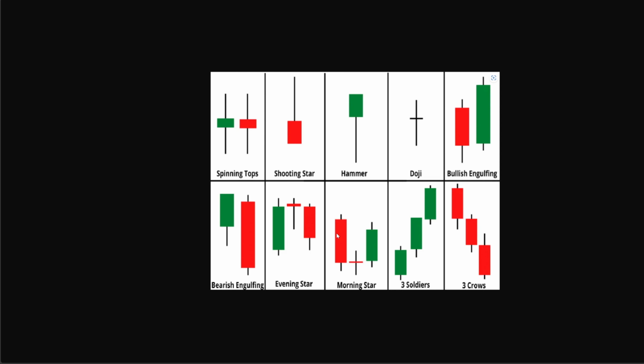Same with the morning star, but in a bullish style: you have a very big red candle, which indicates a lot of sellers coming in. Then the next candle shows you indecision. So this indecision might indicate to you, yo, maybe if we get confirmation right here, we are up for a reversal to the upside. And still you want more confirmation, and this is the confirmation it gives you.